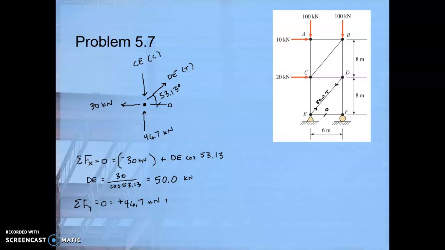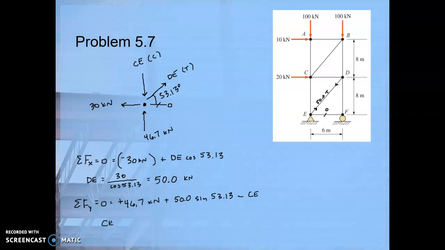We also have pulling up the vertical component of DE. So that's going to be 50 times sine of 53.13. That's the vertical component. And that will all be resisted by CE, which is acting in the downward direction. It's a purely vertical member.